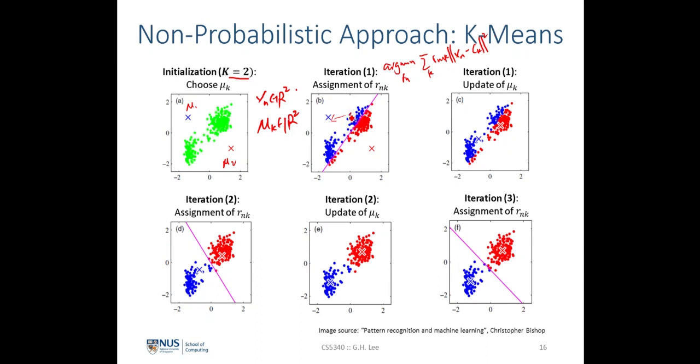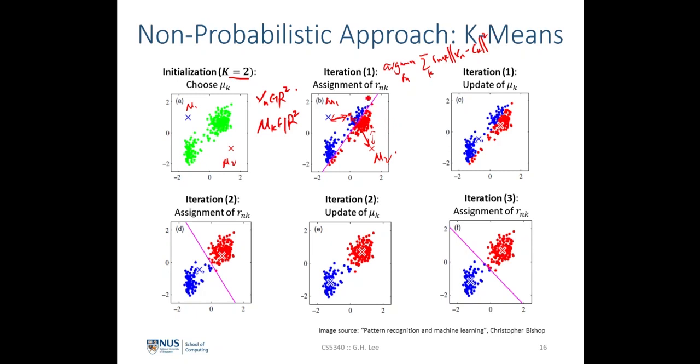For example, for this particular point, the distance to mu1 is closer than to mu2, so we assign it to mu1, illustrated in blue. And this other point is closer to mu2 than mu1, so we assign it to mu2, illustrated in red.